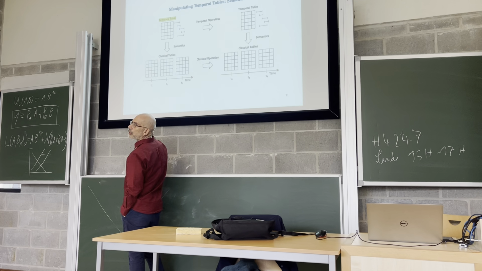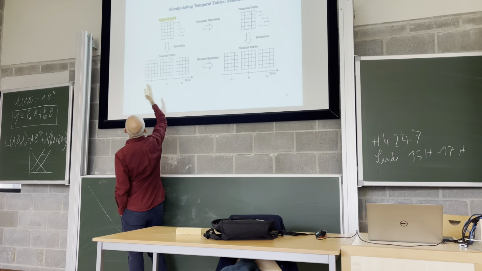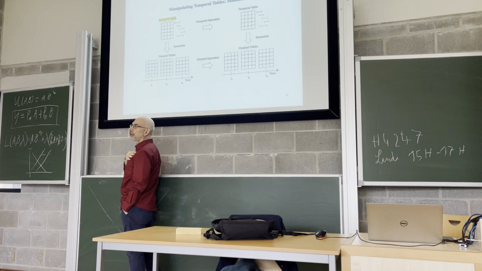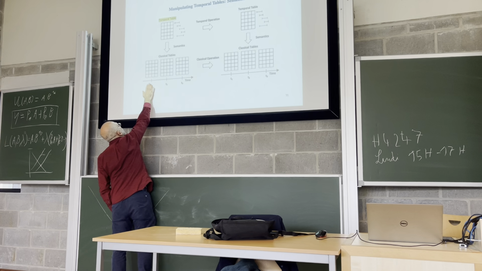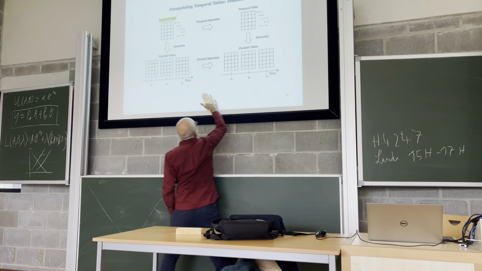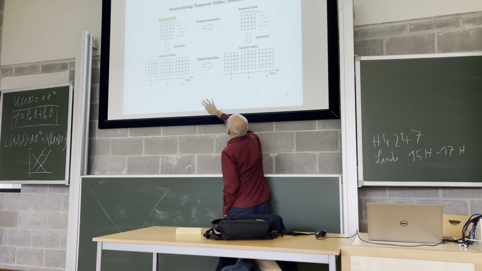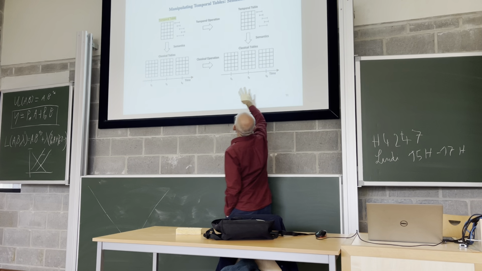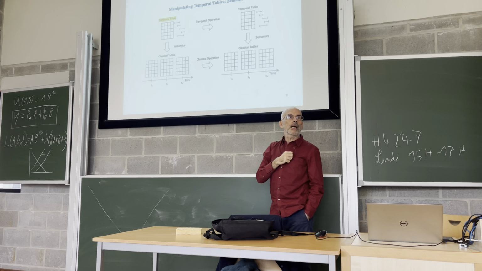Suppose that we are working on the temporal projection. Projection is removing some columns in the traditional tables. Suppose that I do a projection here, the same projection here, the same projection there. You obtain the result of this projection at the semantic level.